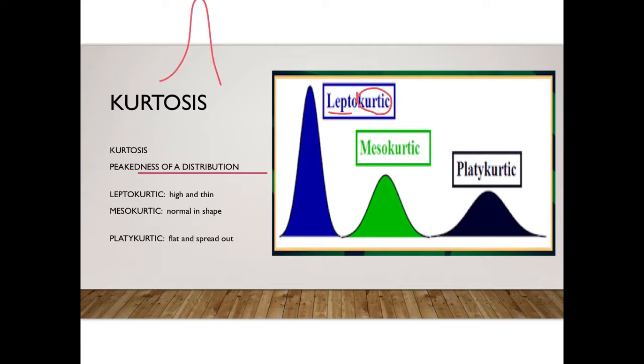It goes up big for lepto, then normal for meso, and platykurtic goes underneath. High and thin for lepto, normal in shape for meso, and flat and spread out for platy. I always think of a platypus, meaning flat. Lepto sounds high, and meso sounds like the mesa, very flat land.